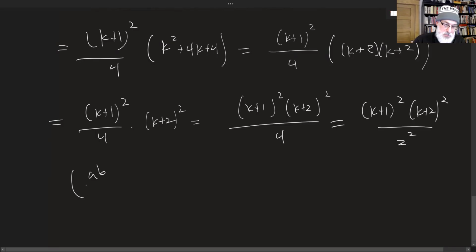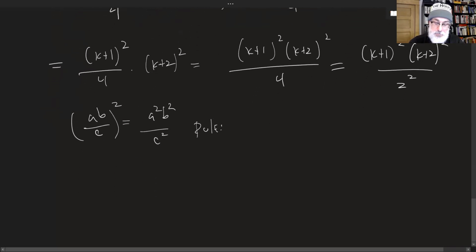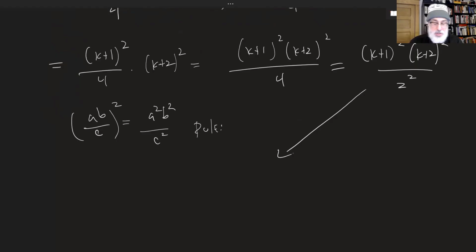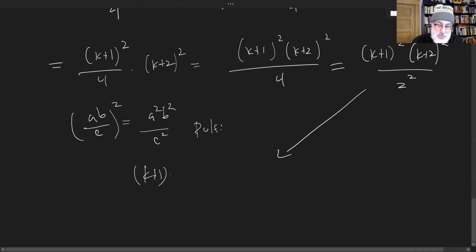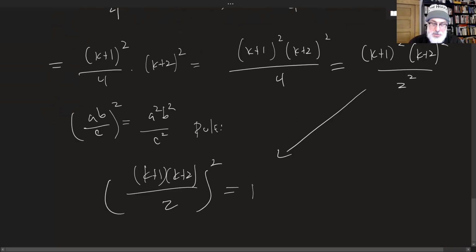Let's say a over b times c squared is the same as a squared, b squared, c squared. Again, this is an exponent rule. Check out my video on exponents. So that means we can write this, (k plus 1) squared times (k plus 2) squared divided by 2 squared, as (k plus 1) times (k plus 2) divided by 2, quantity squared. And this is precisely the right-hand side that we wanted to show.